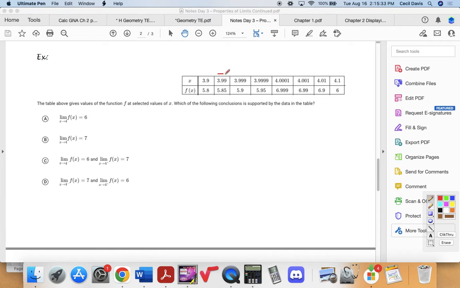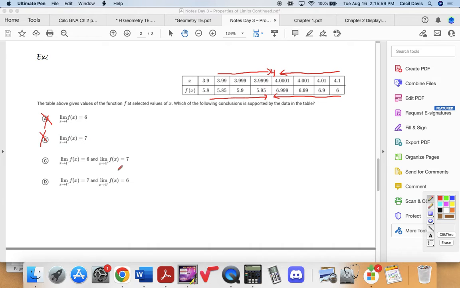As we approach 4 from the left, what values does f approach? 6. But as we approach from the right, what values do they approach? 7. So that's not true, and this is not true.